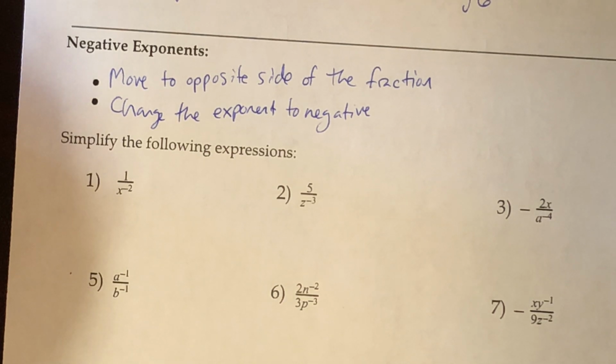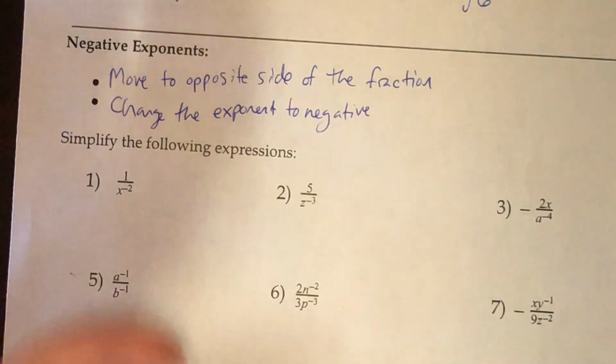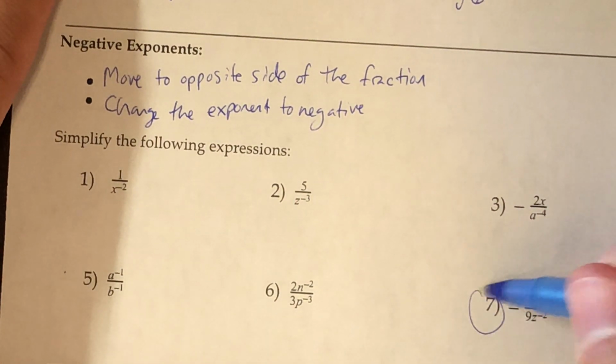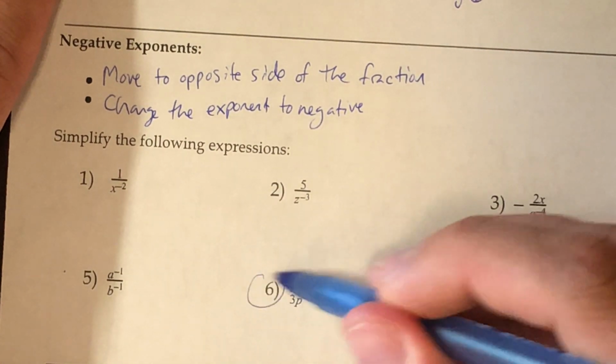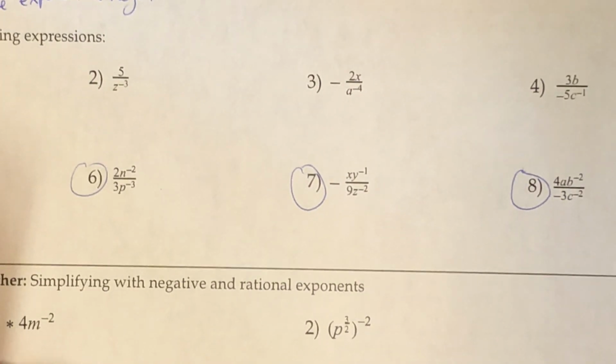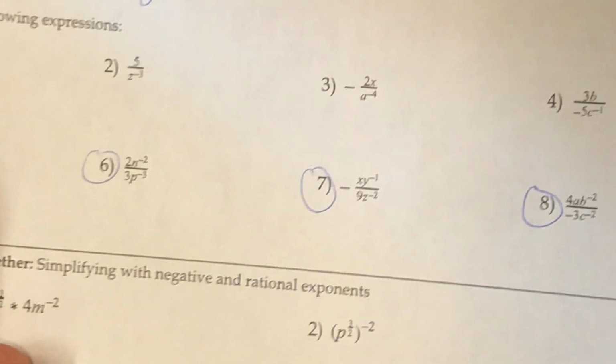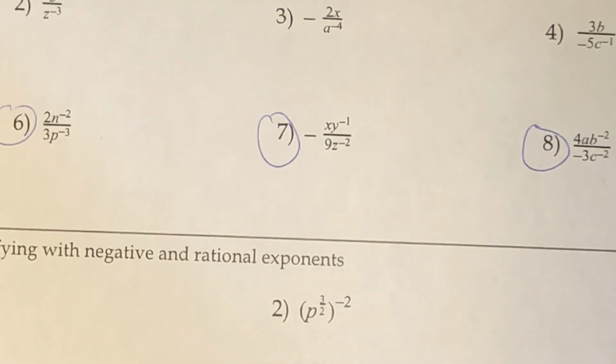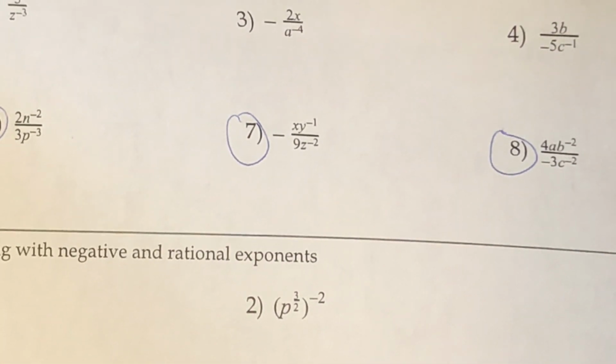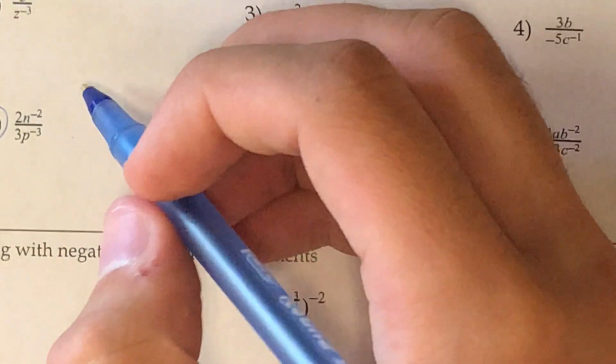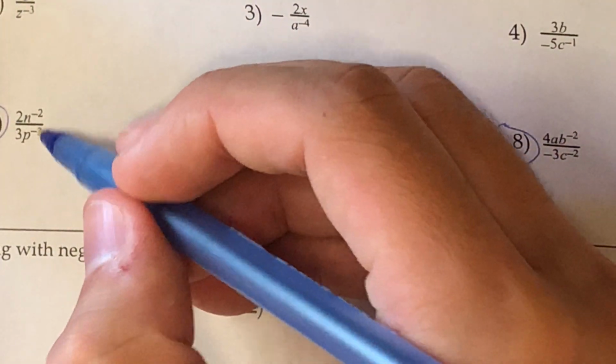So I don't want to go too long here, so we're just going to pick a couple problems from this one. So let's look at, here we go, 6, 7, and 8. So number 6, we've got 2n to the negative 2 over 3p to the negative 3.